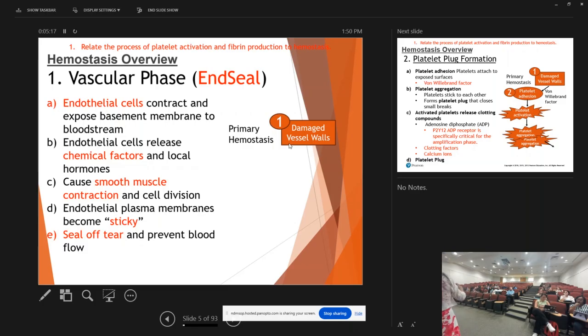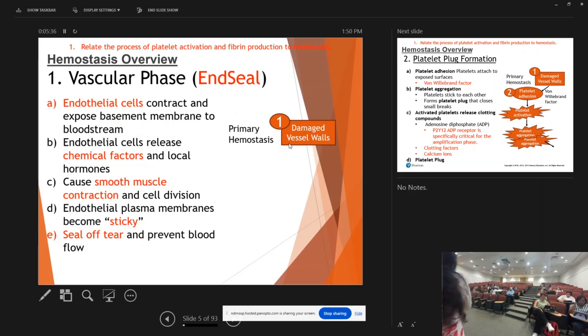Initially it forms a gooey, sticky kind of substance around the tear to help seal it. So the damage has happened to the vessel, and that damage needs to heal.